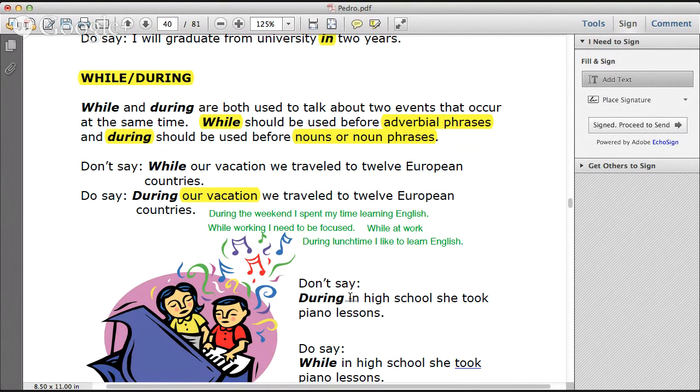While I took a shower. While taking a shower, or while I was taking a shower, that would be fine. Either one is okay. All right, continue.